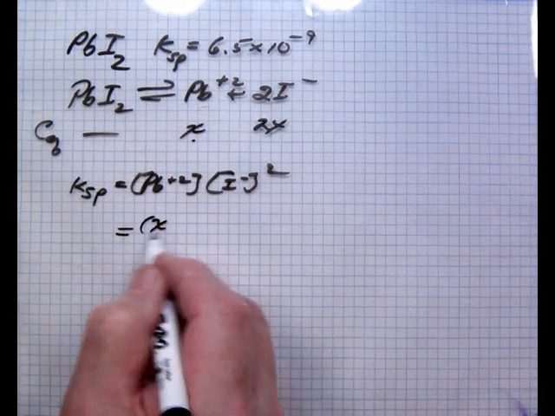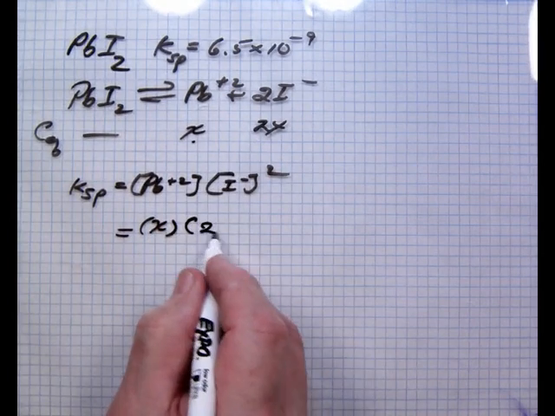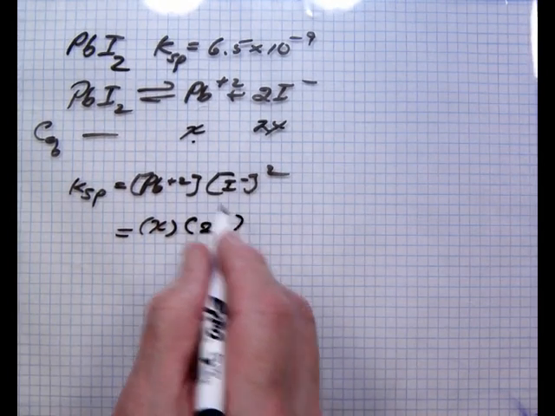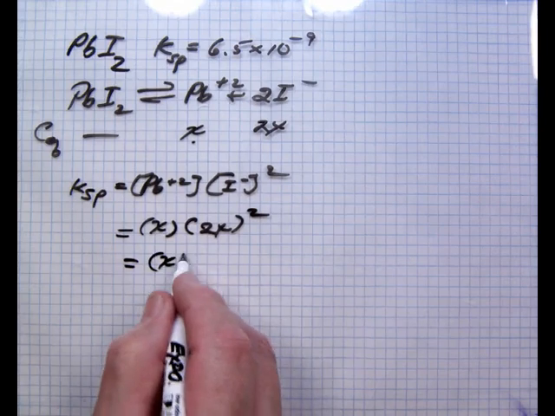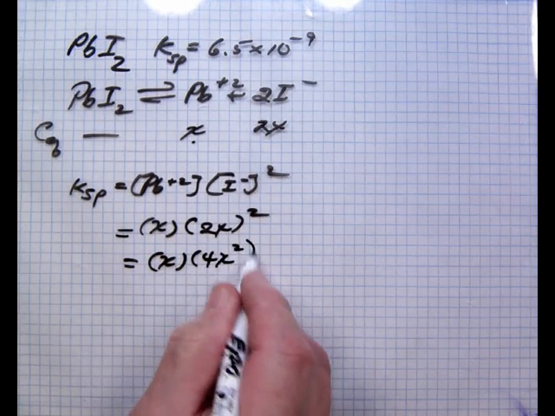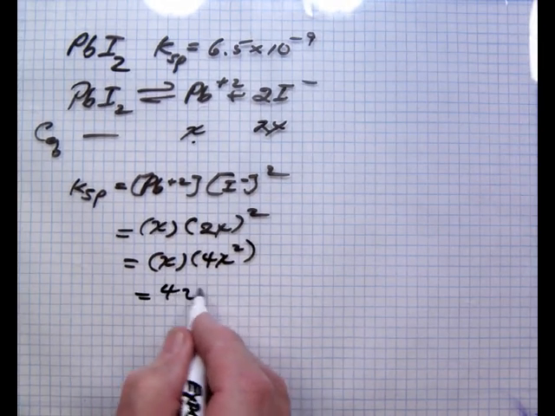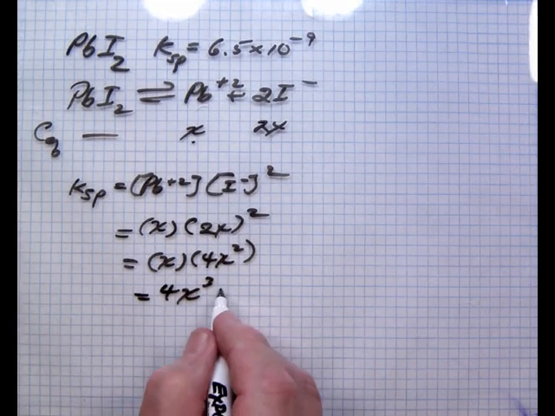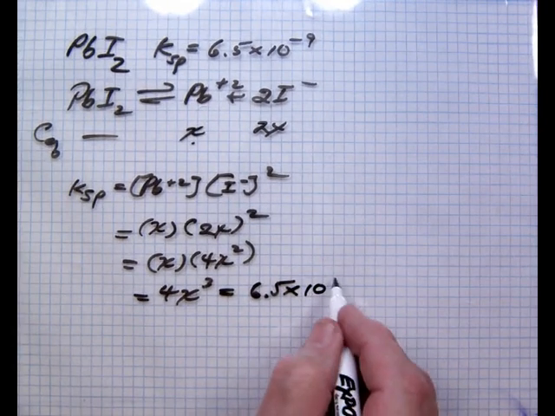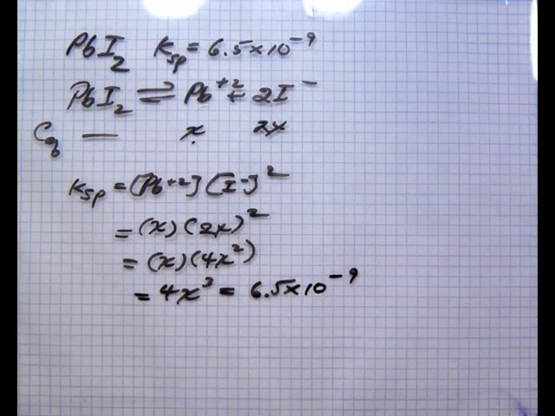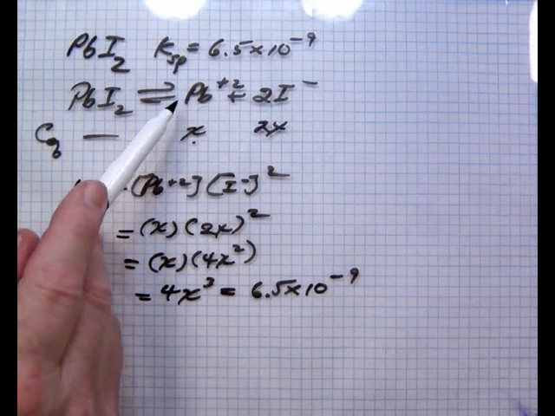Okay, so now X is for lead and 2X is for the iodide, and we need to square that one. And so that would be X times 4X squared, which is 4X cubed, equals the Ksp, which is 6.5 times 10 to the minus 9. X is the solubility. X is the lead.